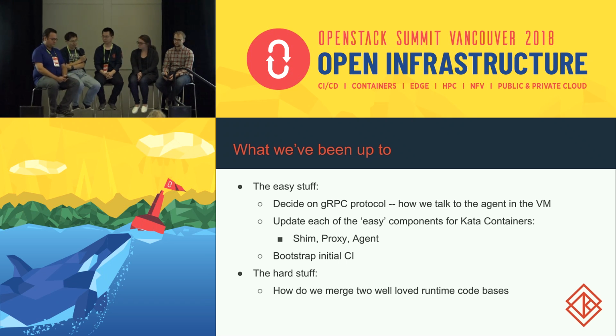The hard stuff is about the runtime. We had many discussions, even debates, on how to choose the architecture and how to do it step by step. At last, we decided to use the Virtcontainers framework, and together we took the APIs from the RunV side.